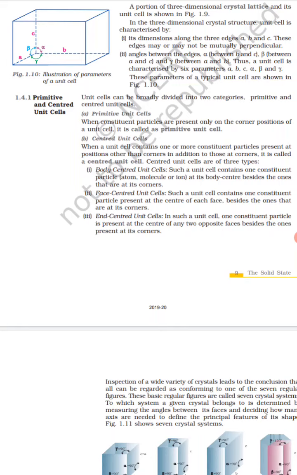The next point is unit cell. The unit cell is defined as the smallest repeating unit in space lattice, which when repeated over and again results in a crystal of the given substance.